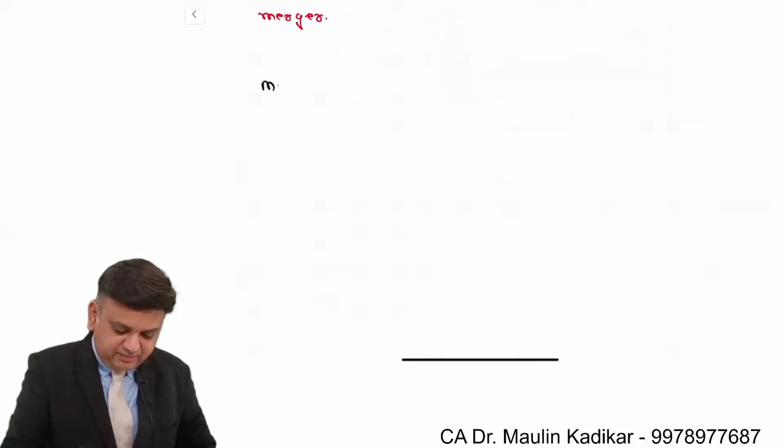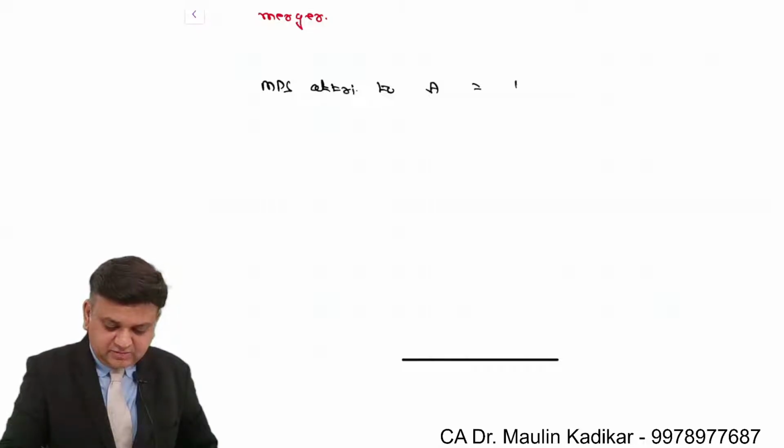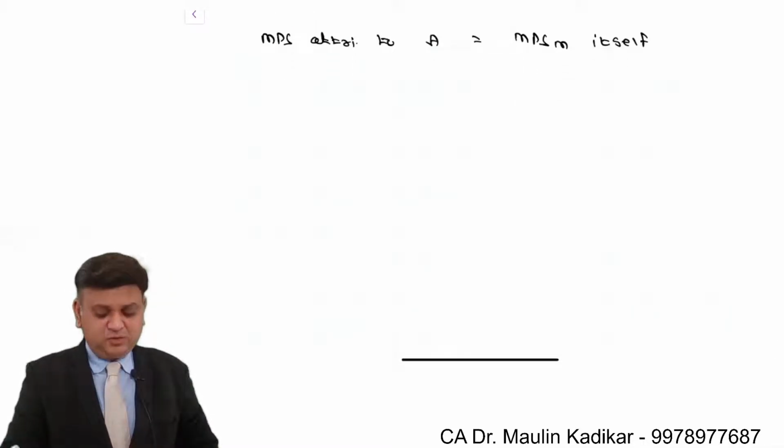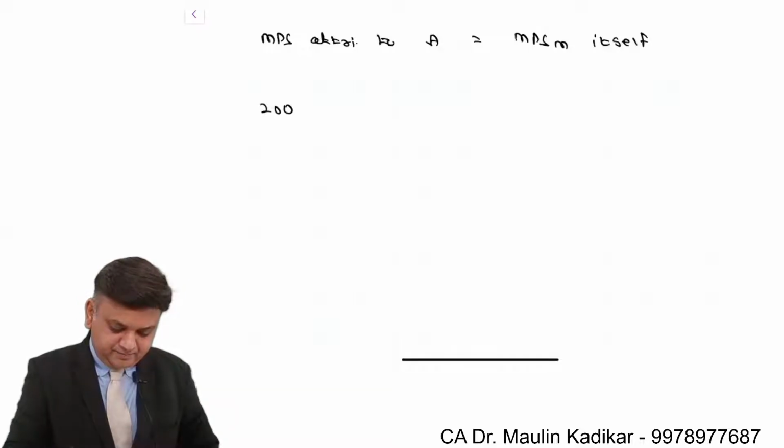We know that the MPS attributable to A is equal to the MPS of the merged firm itself. MPS attributable to A should be at least rupees 200. MPS of the merged firm is the market value of the merged firm divided by the number of shares of the merged firm.